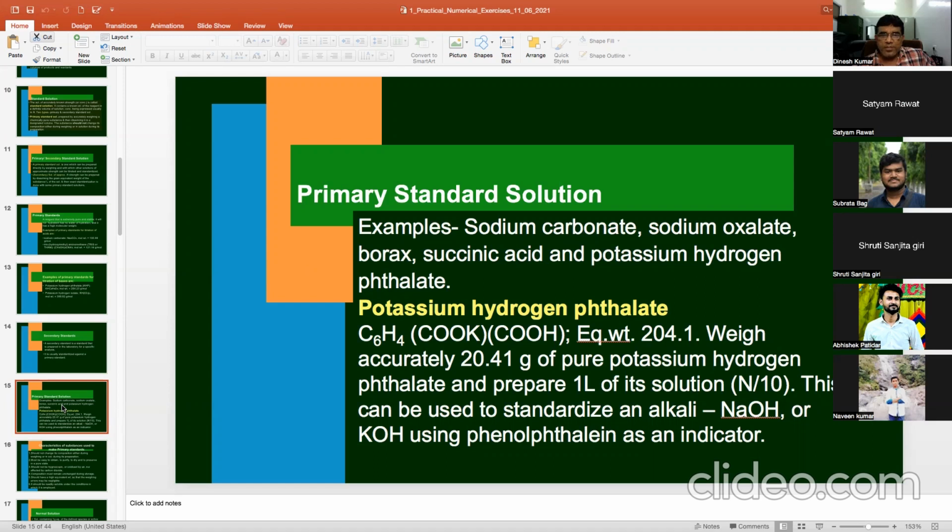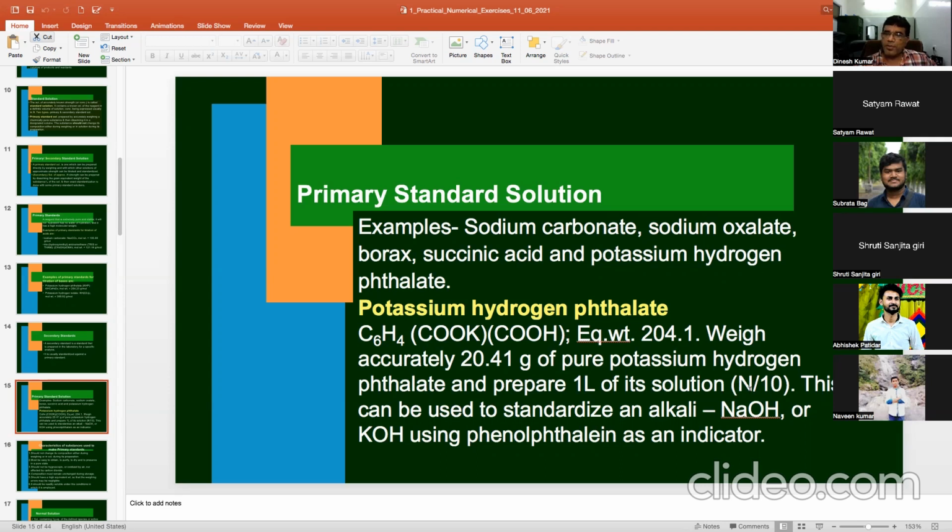So suppose it is potassium hydrogen phthalate, C6H4COOKCOOH. Equivalent weight is 204.1 gram, and then weigh accurately 20.41. Because if you are preparing N/10, it means N into 1/10, or 0.1. 1 divided by 10, then you can write it 0.1 normal, or you can also write it N/10.